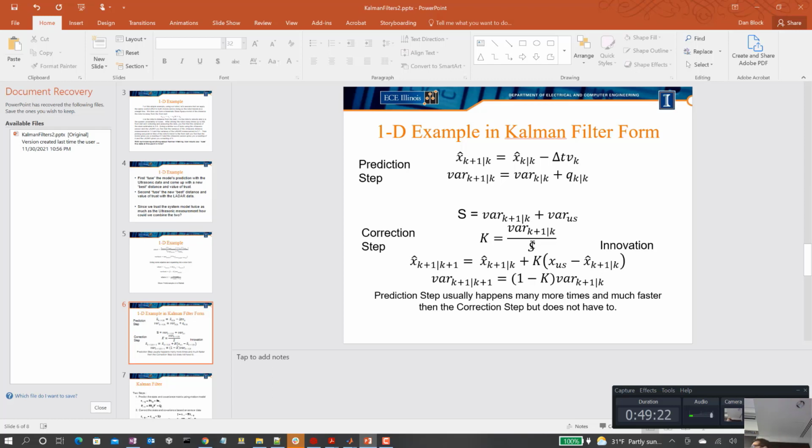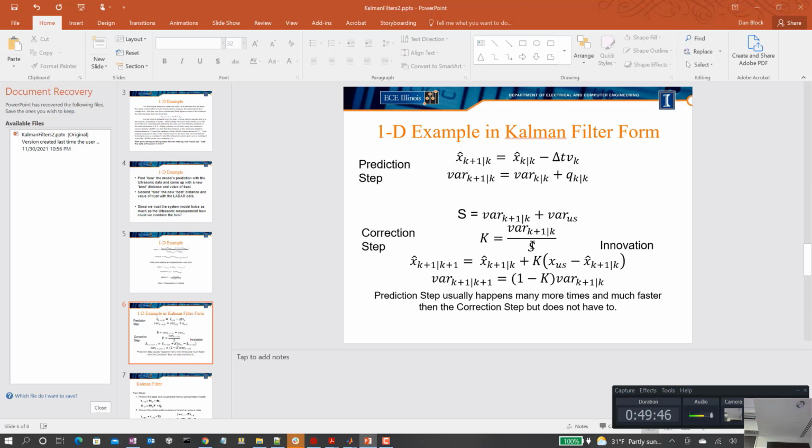The reason we need to pull out this S term is because when it turns into a matrix form of equations, we can't just divide by S, we've got to take the inverse of S, don't we, if S is a matrix. And that's computationally expensive, isn't it, especially if you start getting larger and larger S matrices.